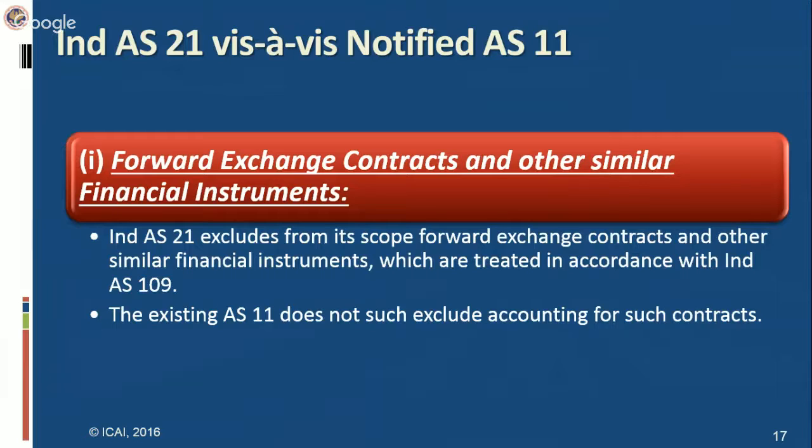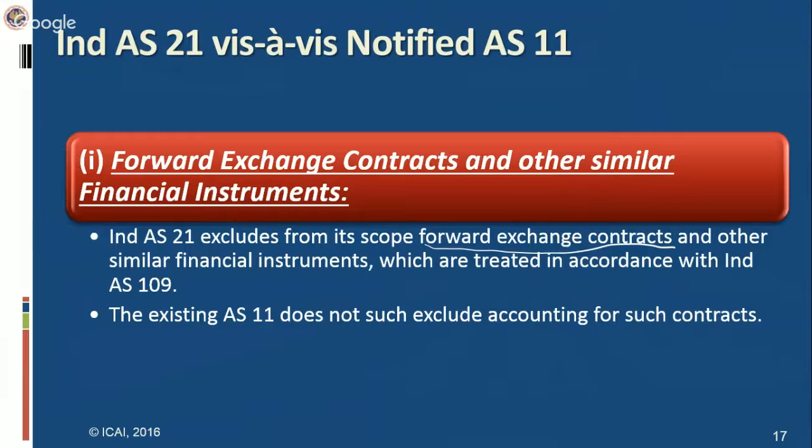Now, what is a forward exchange contract? As we have already discussed in our earlier mentoring session for financial instruments, a forward exchange contract is an agreement between two parties giving the buyer an option to purchase an asset and the seller an option to sell the asset at a particular future date at a fixed price.